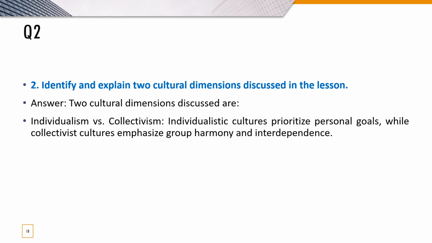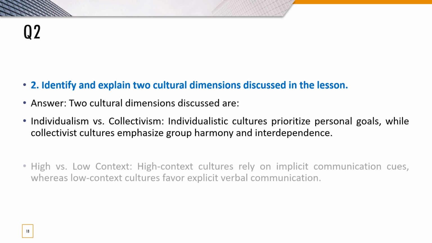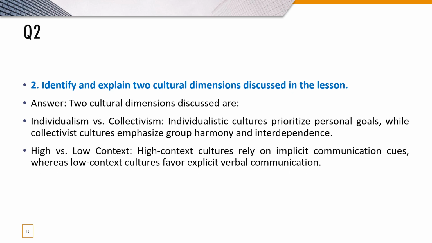Individualistic cultures prioritize personal goals, while collectivist cultures emphasize group harmony and interdependence. High versus low context. High context cultures rely on implicit communication cues, whereas low context cultures favor explicit verbal communication.